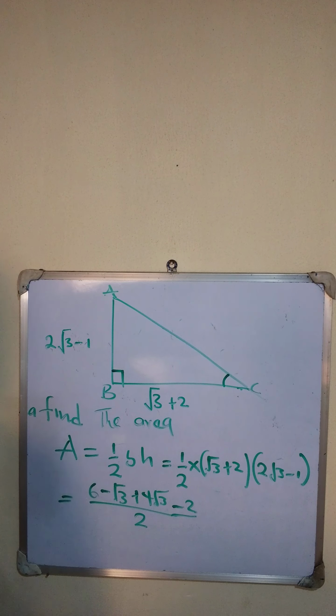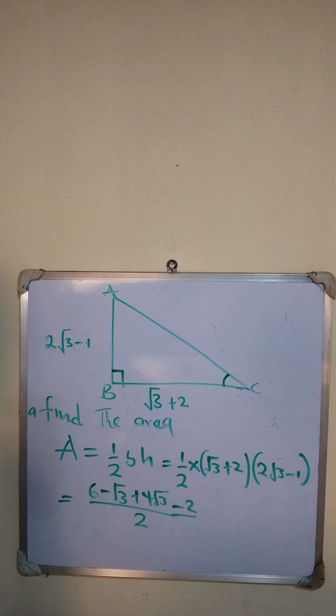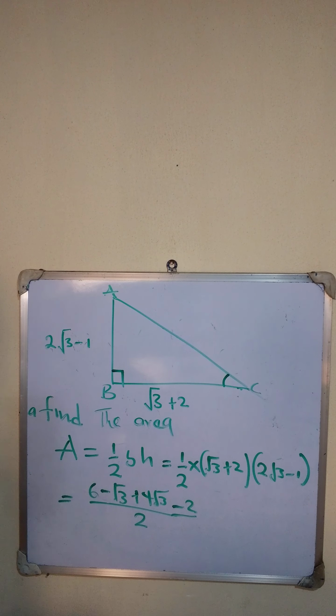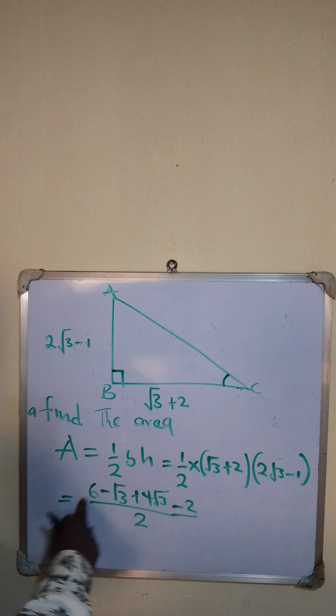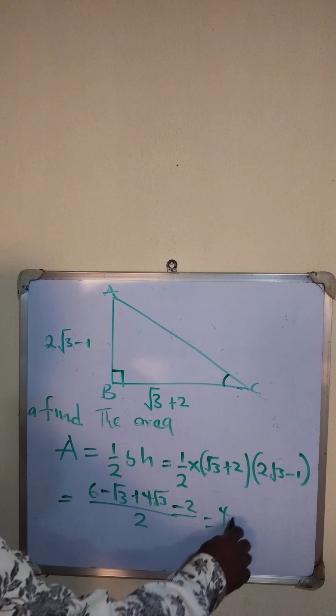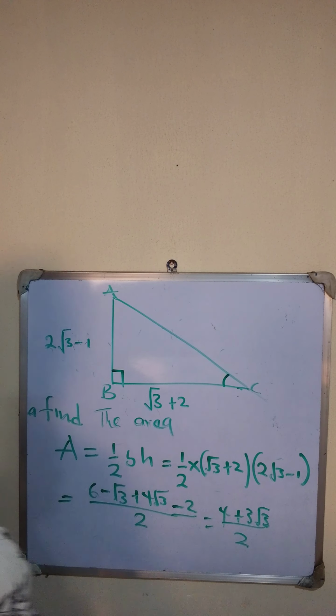All over 2. So 6 minus 2 is possible. Minus root 3 plus 4 root 3 is also possible. There's 1 here, it's going to be minus 1 plus 4, that will give us 3 root 3. So 6 minus 2 will give us 4 plus 3 root 3, all over 2.